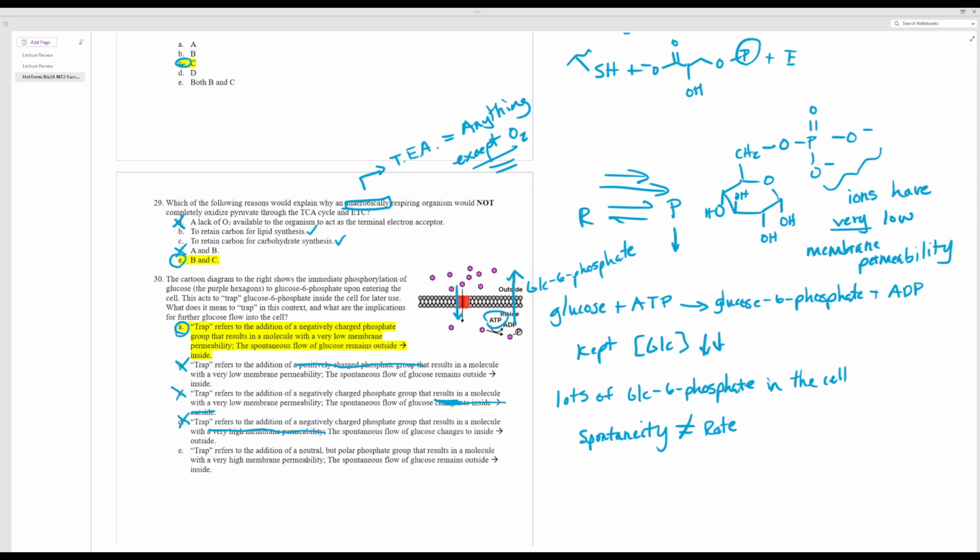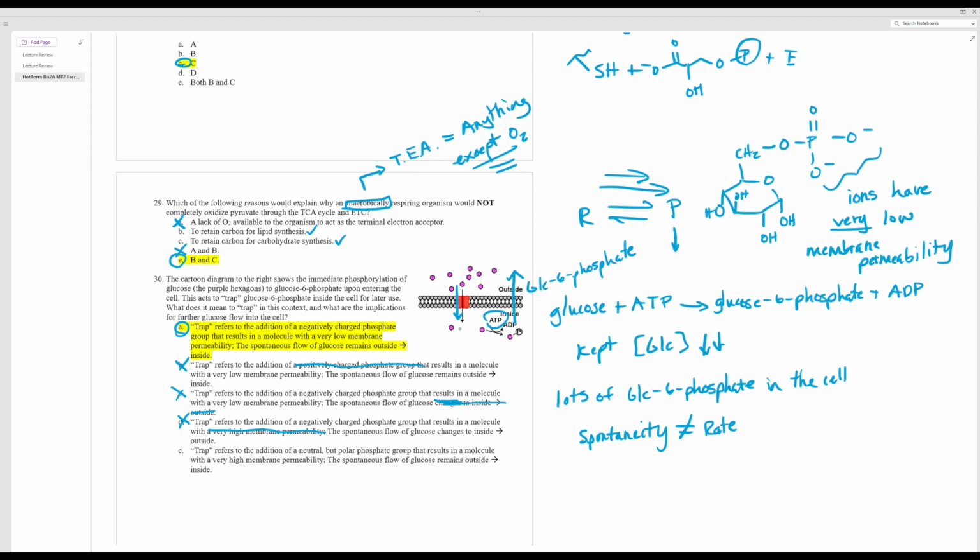E, trap refers to the addition of a neutral but polar phosphate group. Nope. They're not neutral. In order to get phosphate groups to be neutral, you have to have a seriously low pH. So no. And the polar phosphate group would not result in a molecule with a very high membrane permeability. Glucose already has a pretty low membrane permeability, hence why it has a channel.